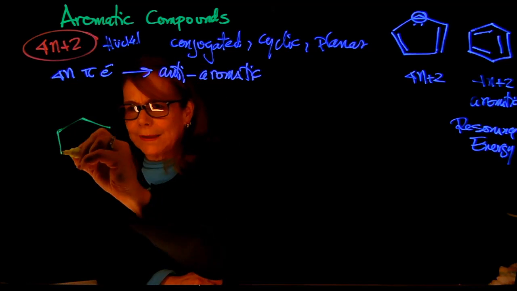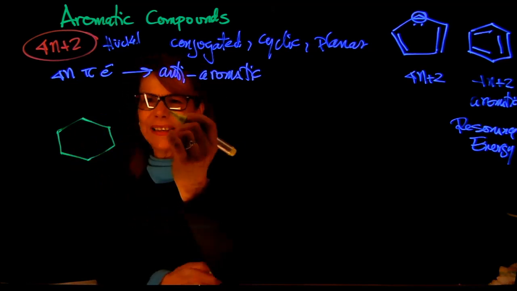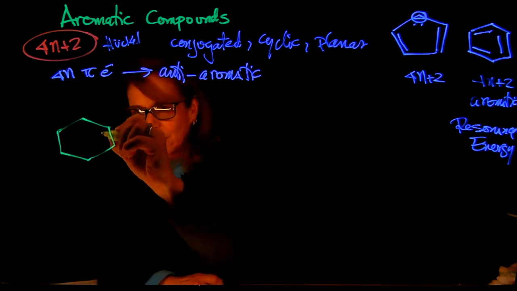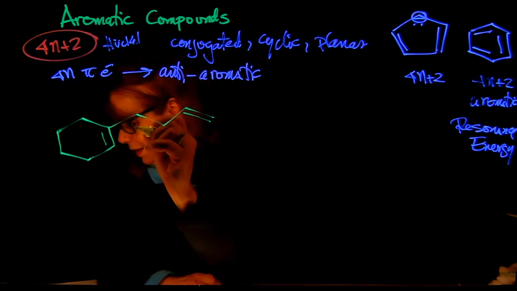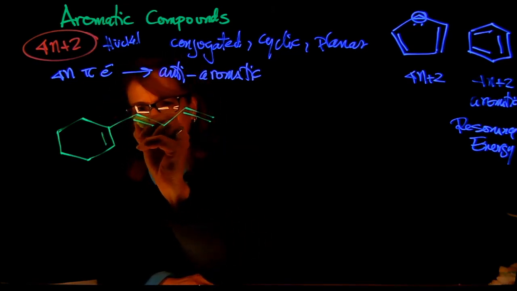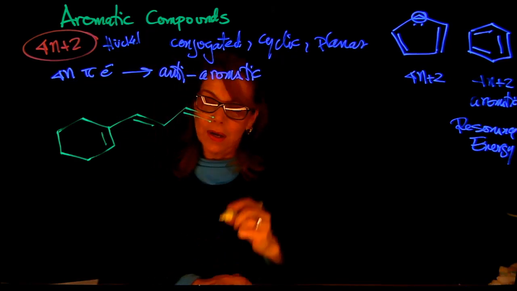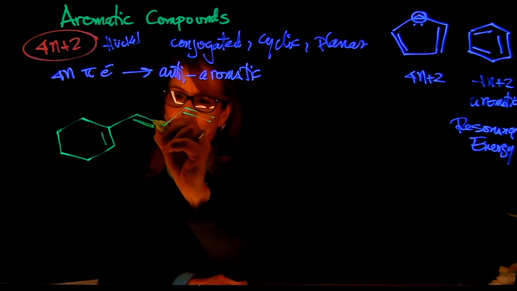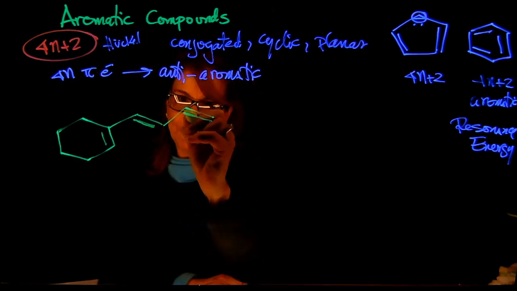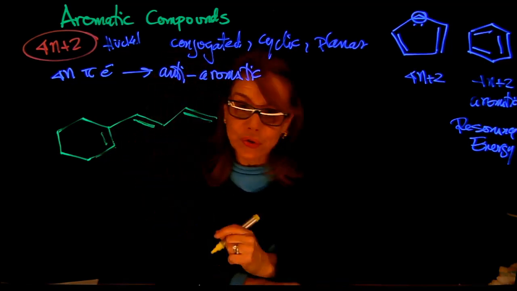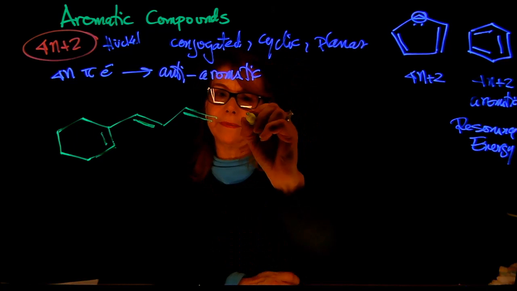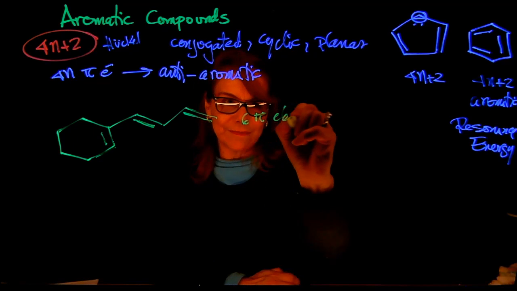How do we classify that, in other words? In this structure, if we just count the number of pi electrons, we have 3 double bonds, so 3 pi bonds, meaning that we have 6 pi electrons.